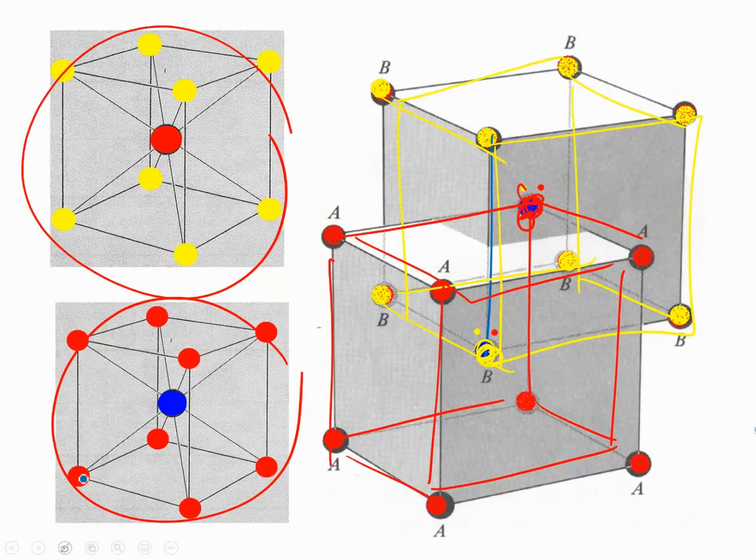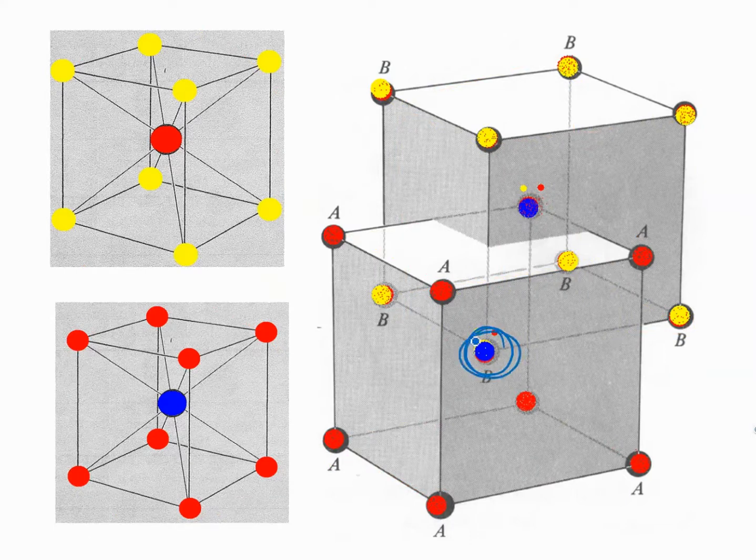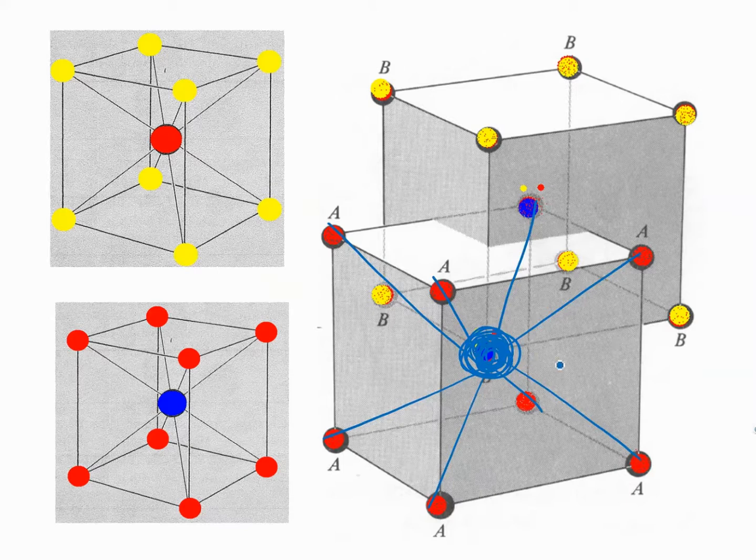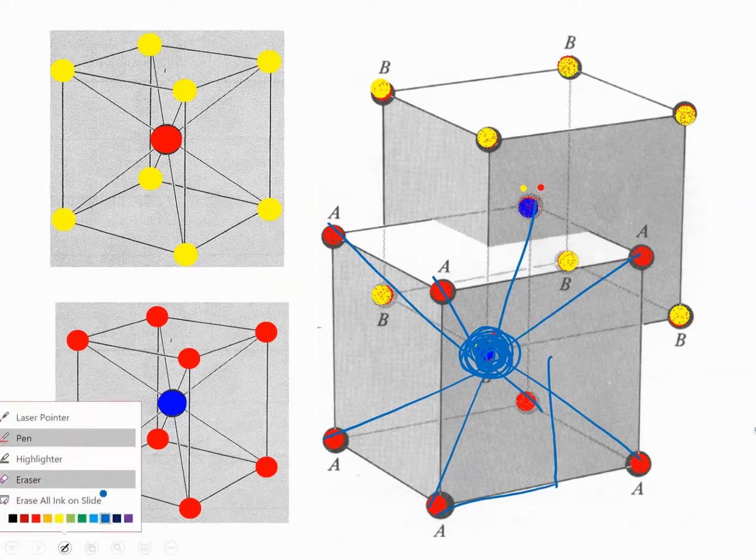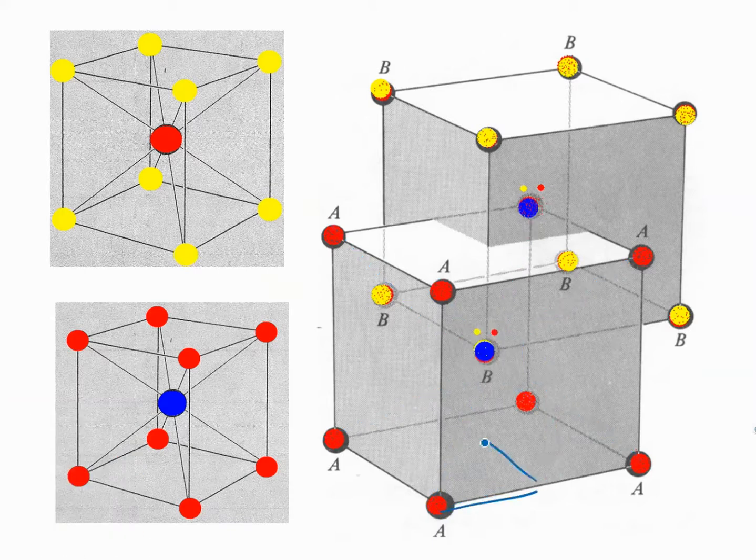So you can see from this one, if I ask you what the nearest neighbors for this blue atom are, then of course it's 1, 2, 3, 4, 5, 6, 7, 8. Right? Then how to find the distance? We know that from this point to this point is half a. From here to here is half a, here to here is half a.